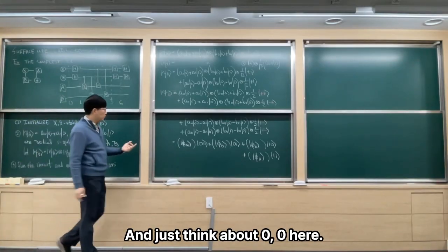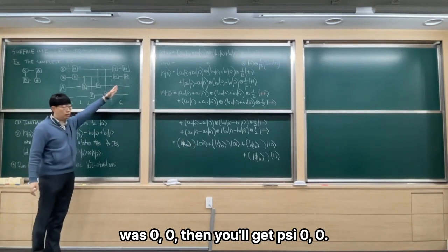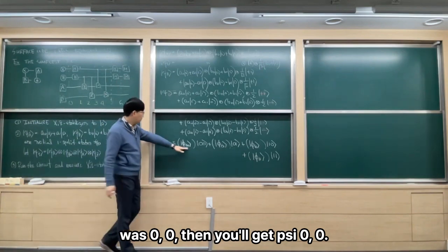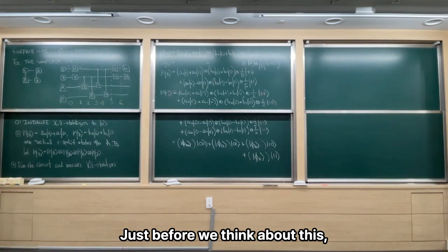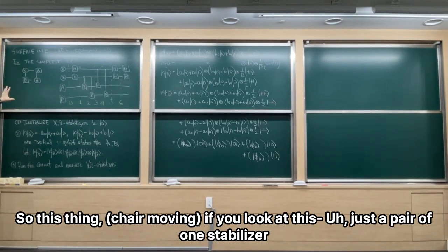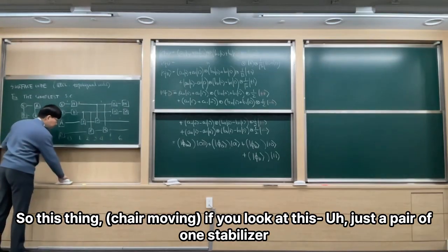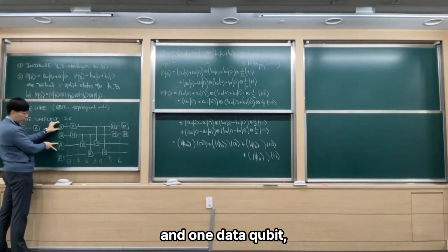And just think about 0 0 here. Suppose that your measurement outcome was 0 0. Then you'll get phi 0 0. What does that mean? Just before we think about this, we're going to compute what phi 0 0 is. Before we do that, let's think about what that is. So these things, if you look at these, it's just a pair of 1 stabilizer and 1 data qubit.